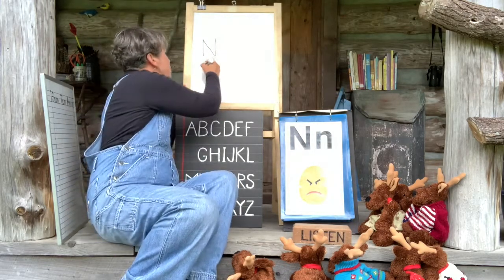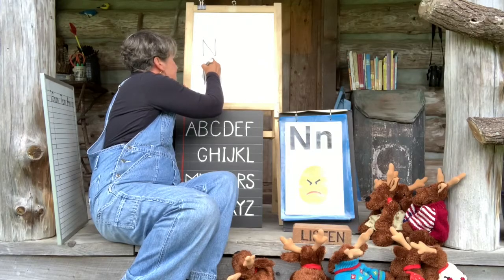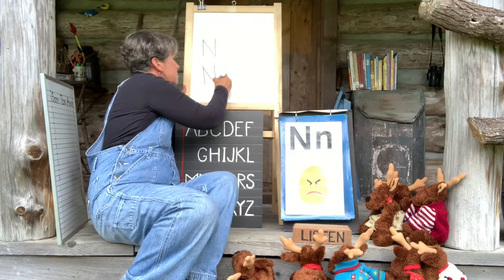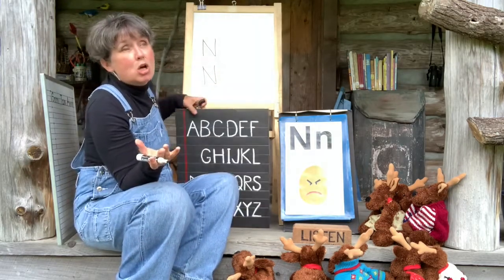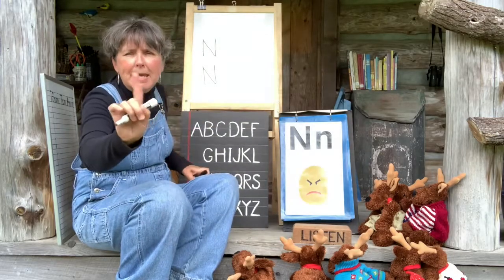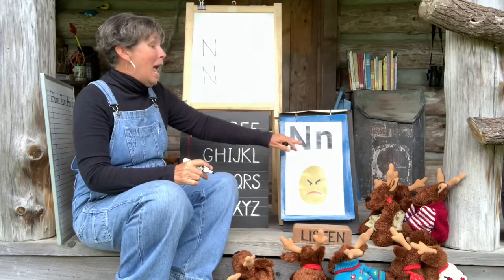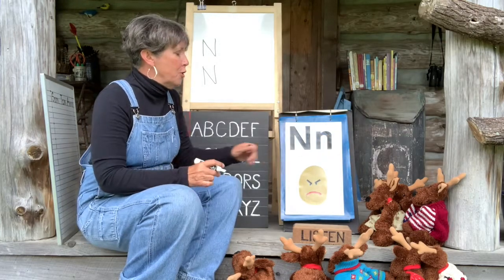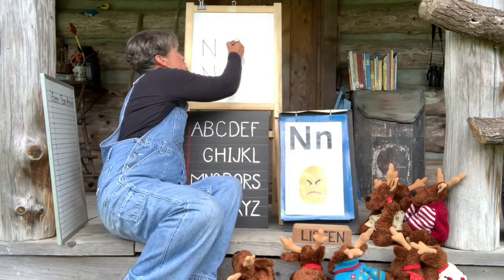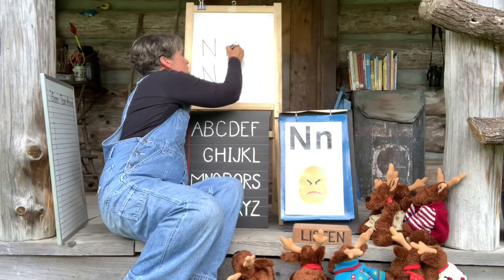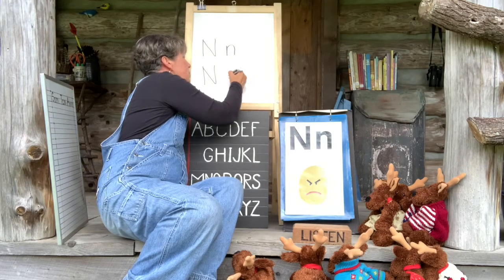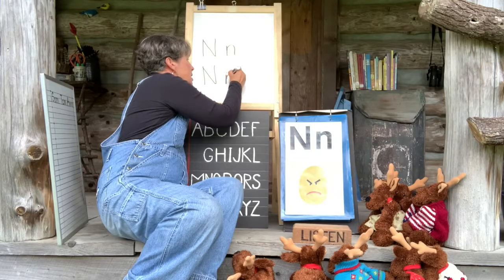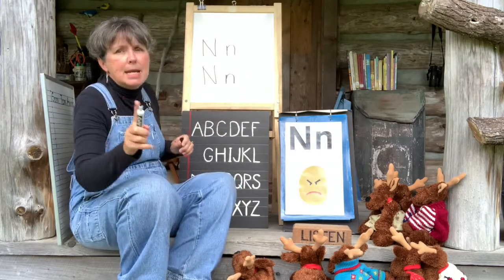Some people might want to do straight, slant, straight. Doesn't matter as long as it looks neat. Oh, neat. And the lowercase n has a straight line and then a curved line that goes up and over. It's not as tall. So we have our straight line and then our curved line that comes up and over.